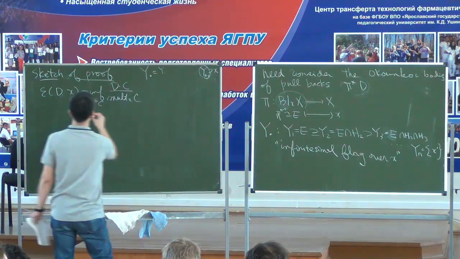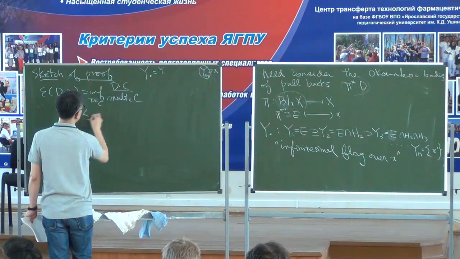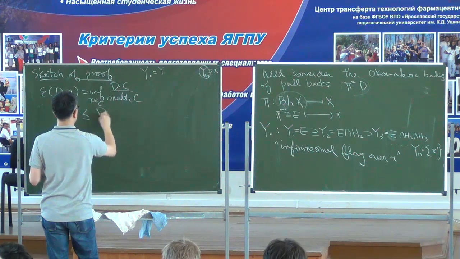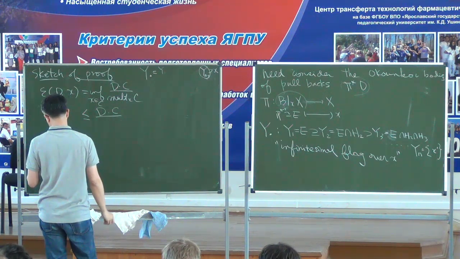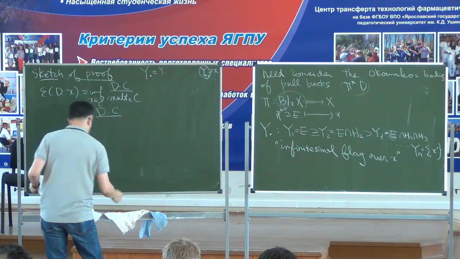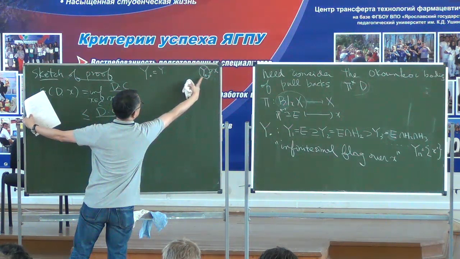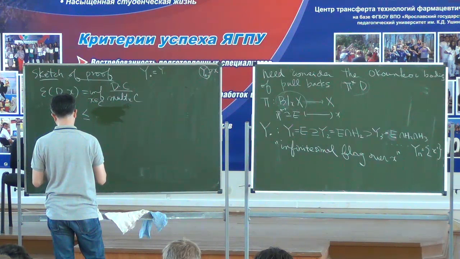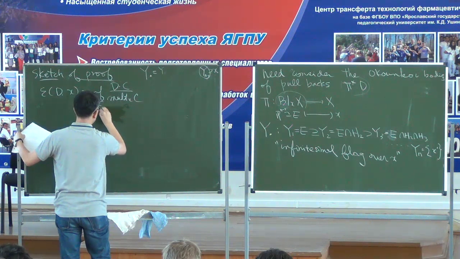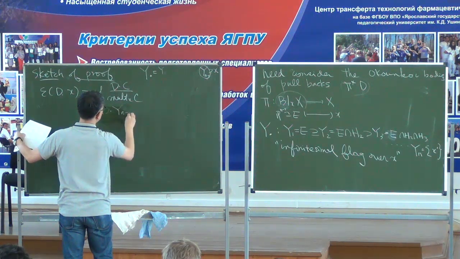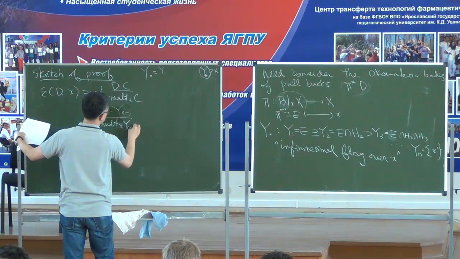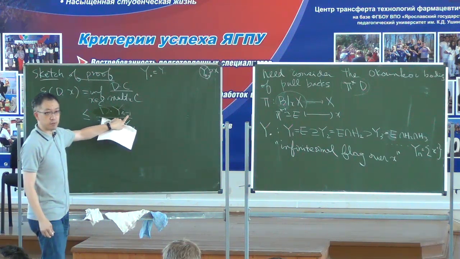So to get the upper bound, it's enough to prove that for any curve, and as I said, I will use this Y_{n-1}. So this is D·Y_{n-1} over the multiplicity of x on Y_{n-1}, because Y_{n-1} is a curve.